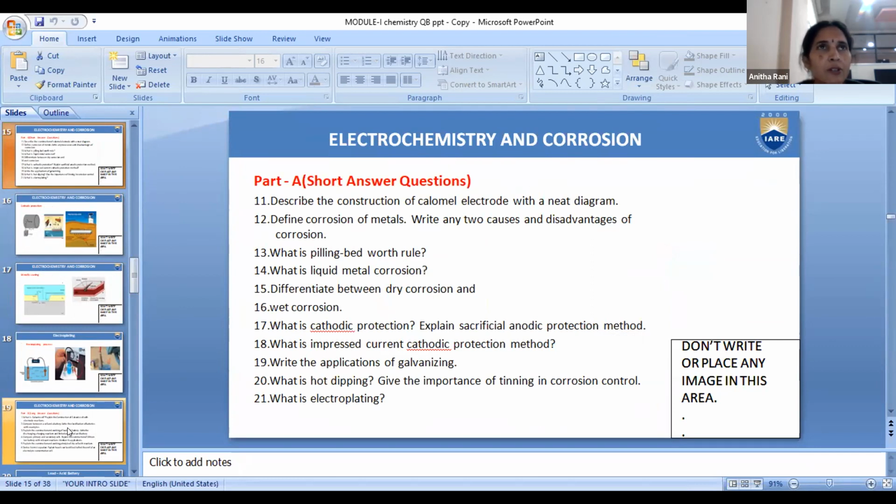Next, if the volume of the metal oxide is lesser than the volume of the metal, it forms a porous layer.